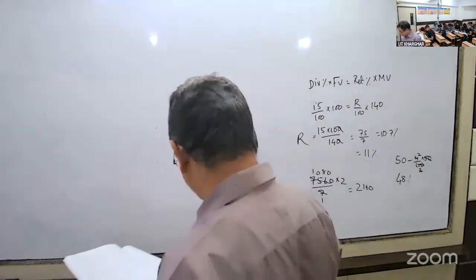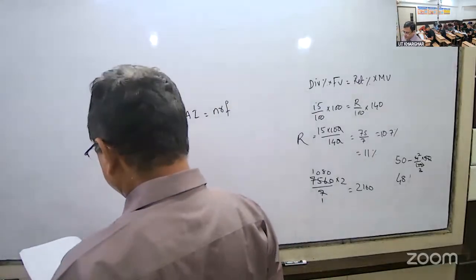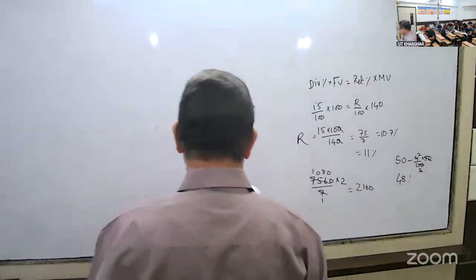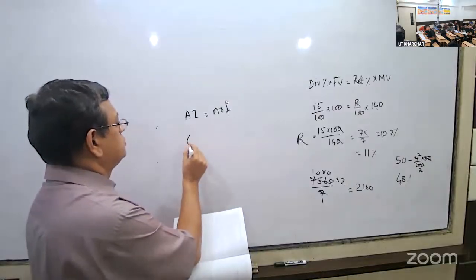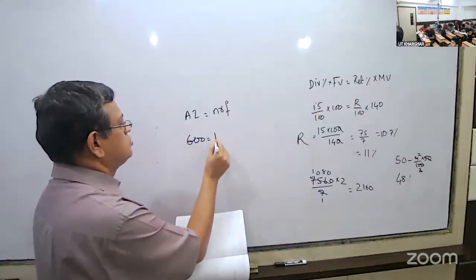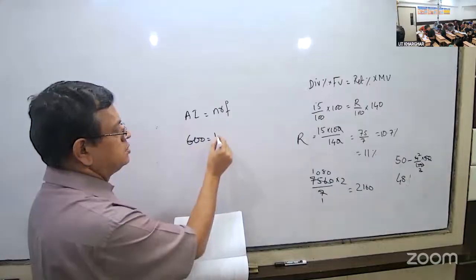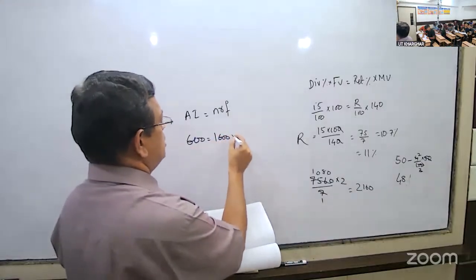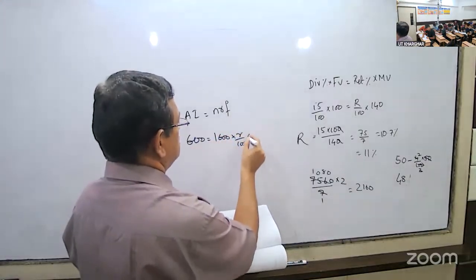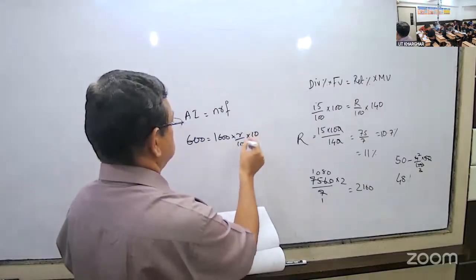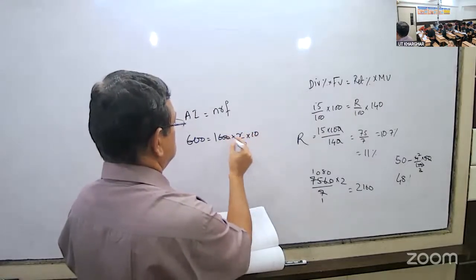Now formula: annual income is equal to N R F. 600 is equal to, what is N? 1600 into R by 100 into 10. Cancel, 16.